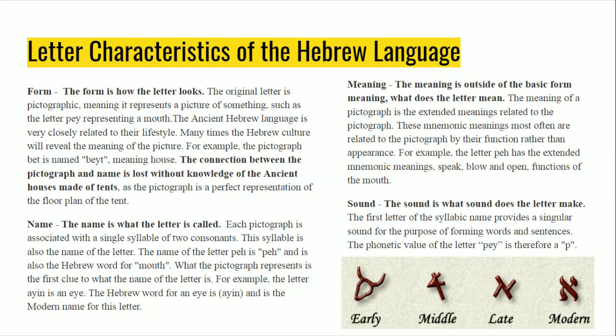I just wanted to let you know that typically it makes the sound that, like, a bet makes the B sound. We're going to get more into that as we go along. And here you see a little picture. That's not my picture. I just put that there so you can see that there are different ways you can write the script. Those are the different forms that it can be written in.